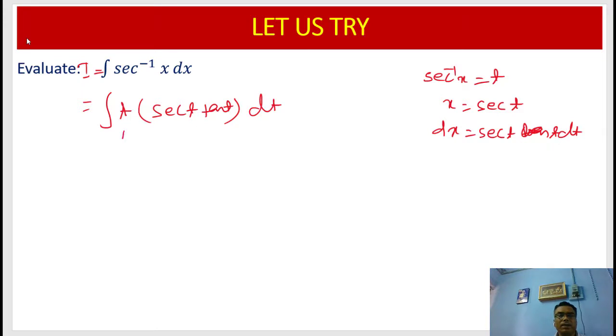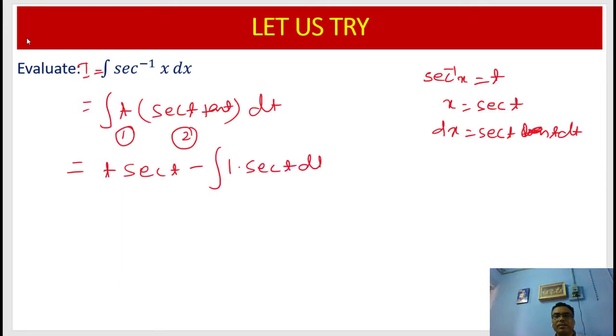Now this is my first function and this is second. So I use integration by parts. First t, integration of second sec t tan t, it is obviously sec t because the derivative of sec t is sec t into tan t. So it is sec t minus whole integration of derivative of first, which is 1, into integration of second, sec t dt.